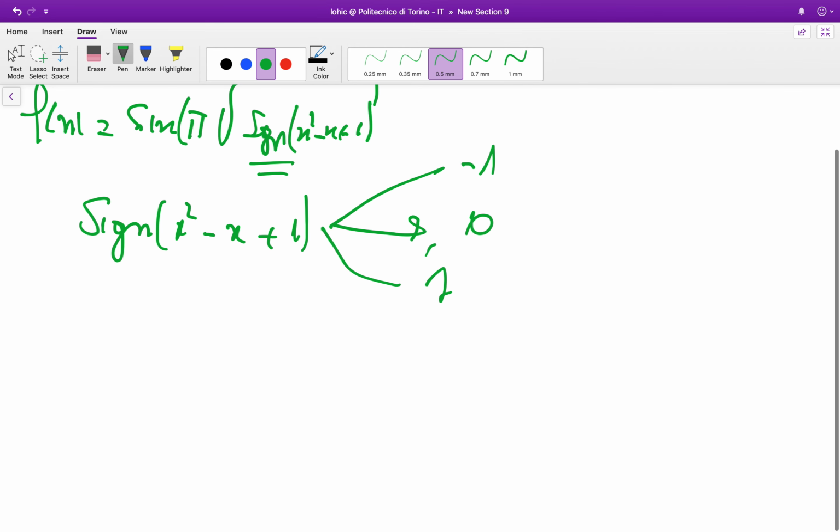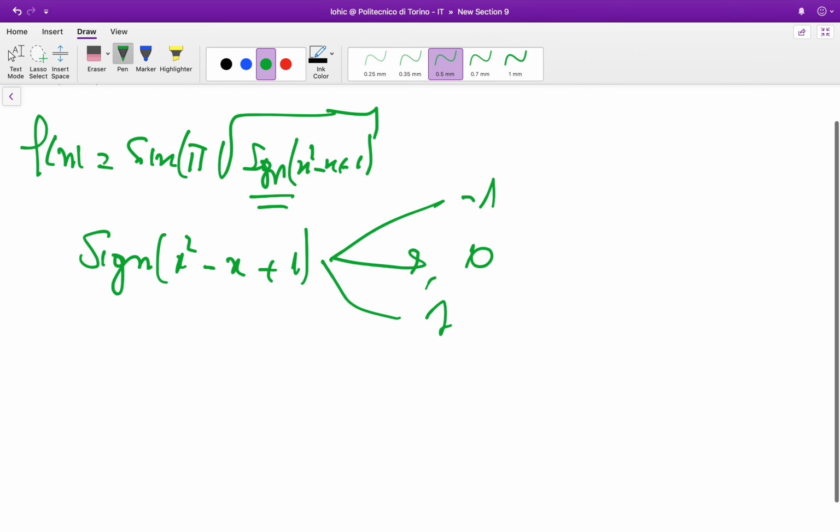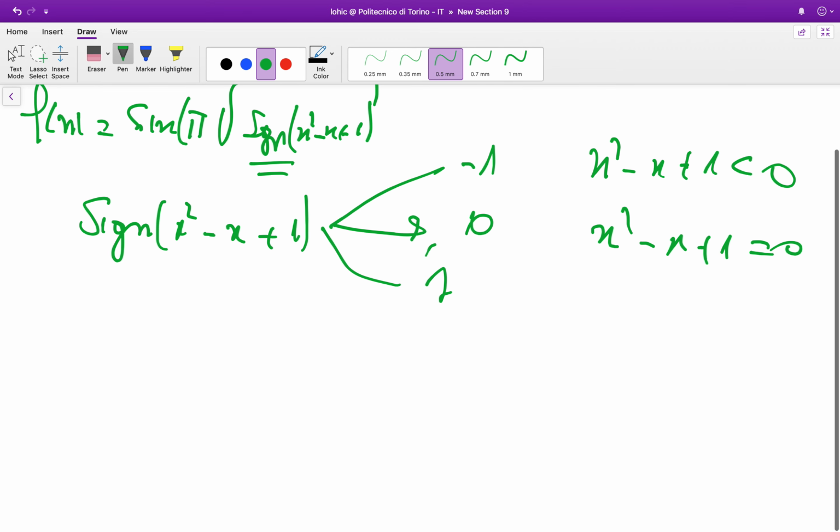It gives minus 1 when x squared minus x plus 1 is negative, gives 0 when x squared minus x plus 1 gives 0, and it gives 1 if x squared minus x plus 1 is greater than 0, right?